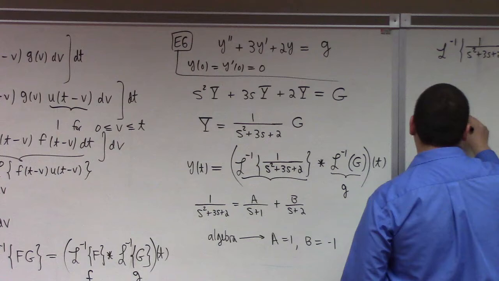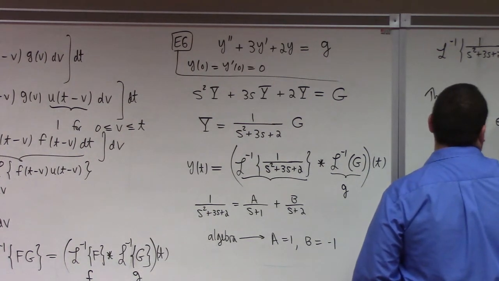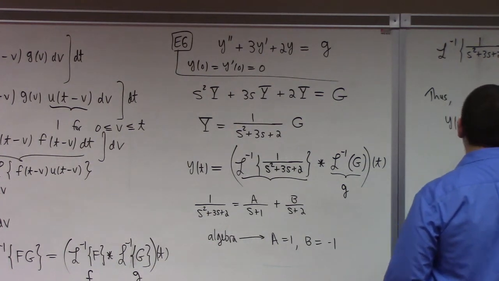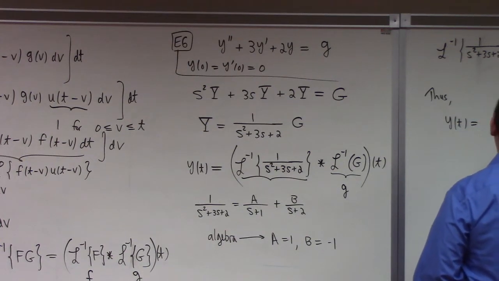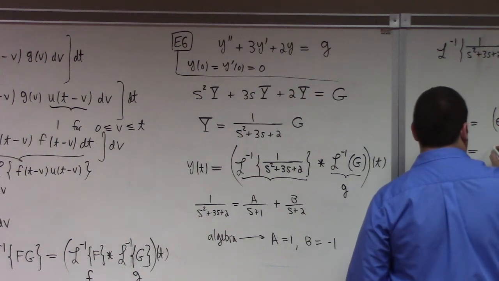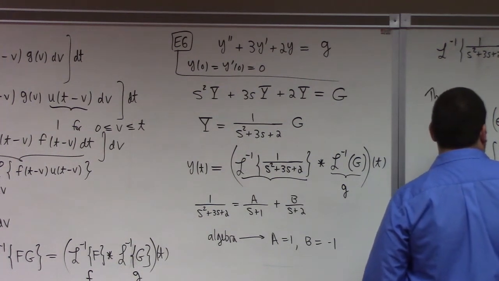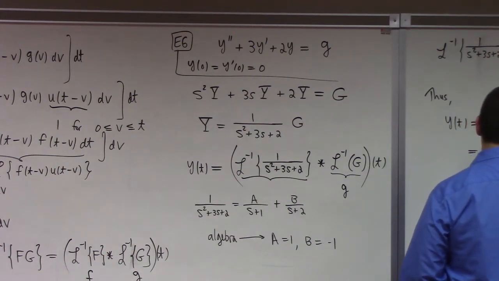y of t should be the convolution of e to the minus t minus e to the minus 2t, convolved with g, right? Now that is actually the integral from 0 to t of e to the minus parentheses t minus v.